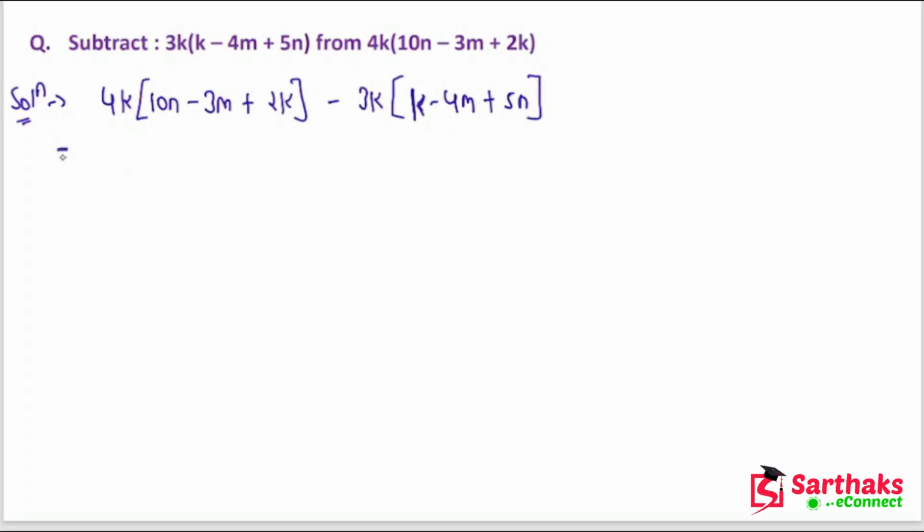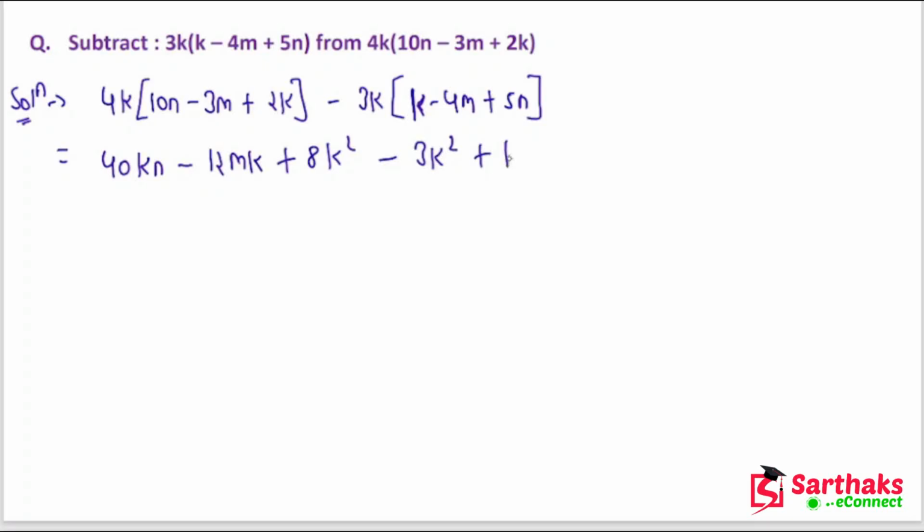So 4k will multiply them, so it would be 40kn minus 4 into 3, 12mk, plus 8k square, 4 into 2 would be 8, k into k would be k square. Now see, 3 into k would be 3k square. Now minus and minus would be plus.